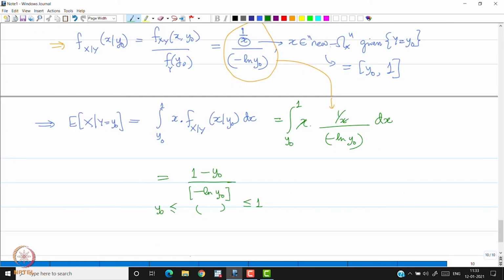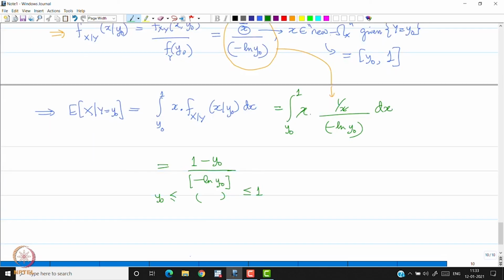So in summary, let me just state what we've done. We found E of x given y equal to y naught by first finding f_XY, then finding f_Y, the marginal PDF of y, and then finally finding f of x given y.